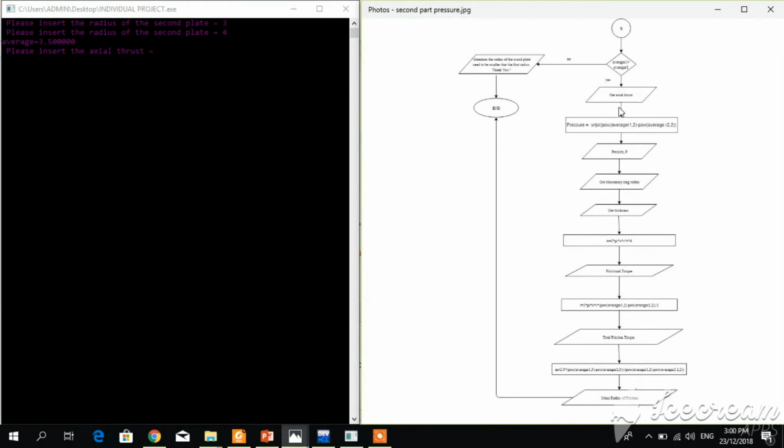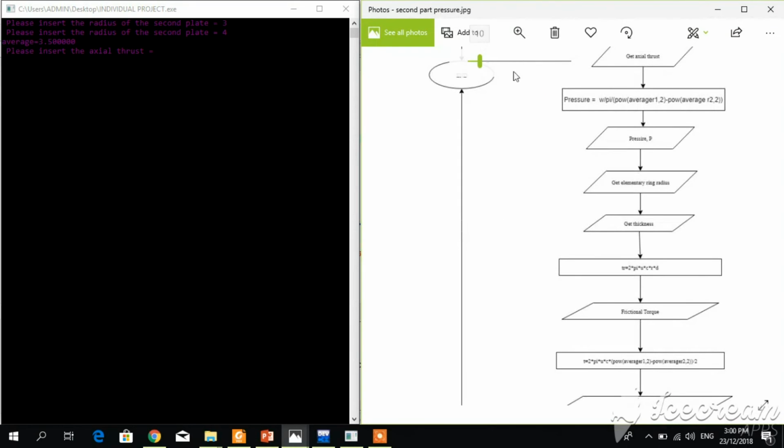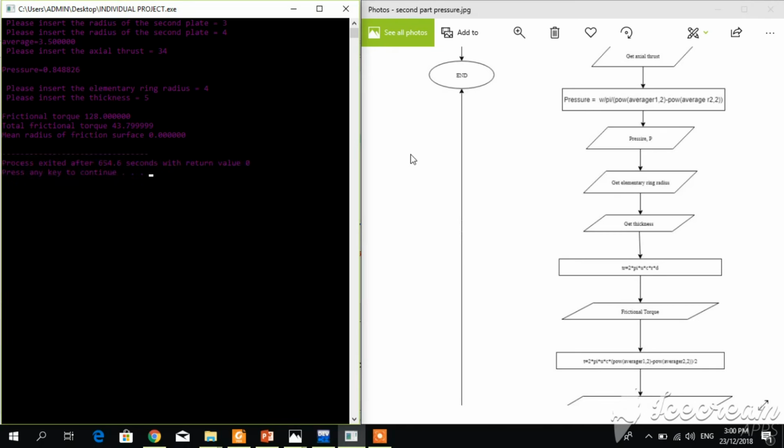Okay, here, get the axial thrust. Let's say I put 34, and then get the elementary ring radius 4, the thickness is about 5, and here we go.